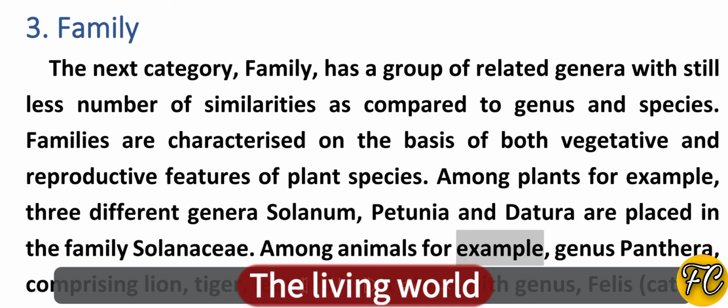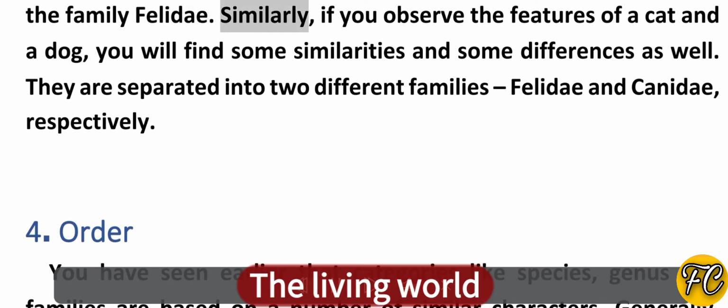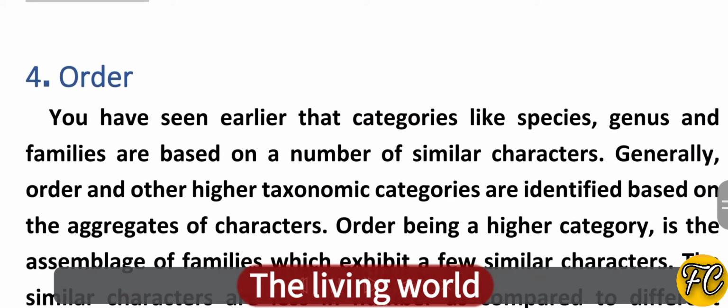Among animals, for example, genus Panthera, comprising lion, tiger, leopard is put along with genus Felis, cats, in the family Felidae. Similarly, if you observe the features of a cat and a dog, you will find some similarities and some differences as well. They are separated into 2 different families, Felidae and Canidae, respectively.